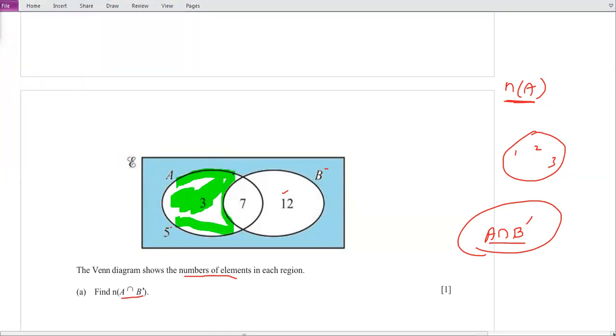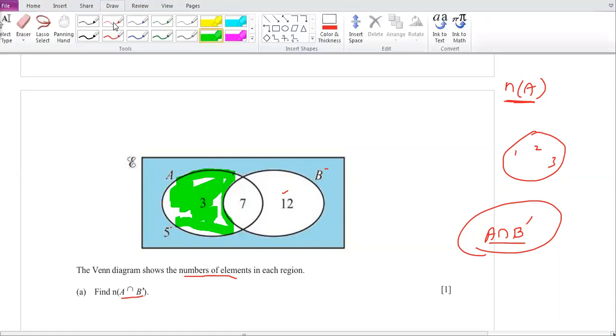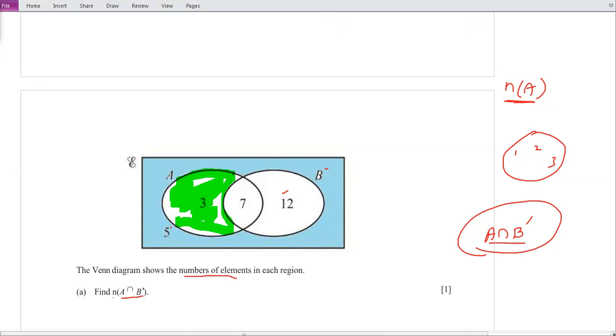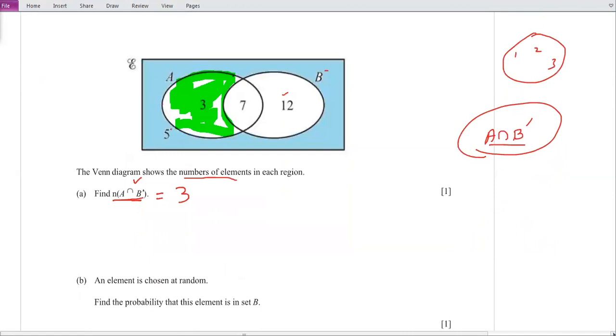Clearly it is in front of you: yes, 3. There are 3 elements in that, because the question was asking for the number of elements in this one. First I shaded, so the portion came in front of me. Pretty easy. If you know how to shade, there will be no problem at all.